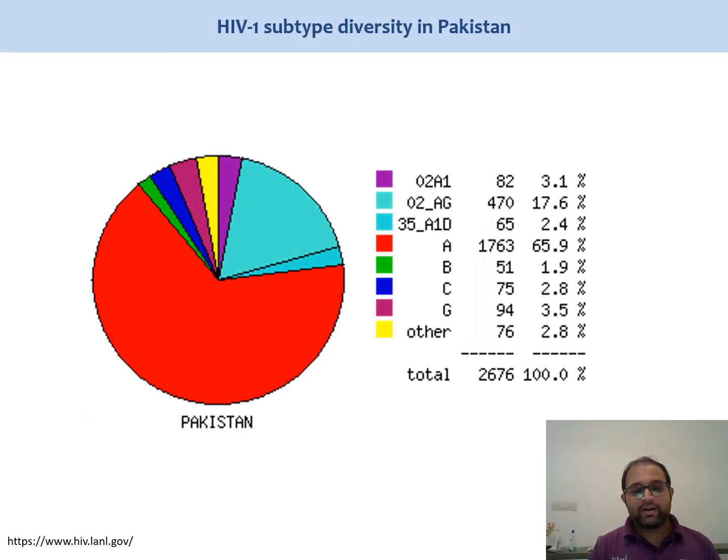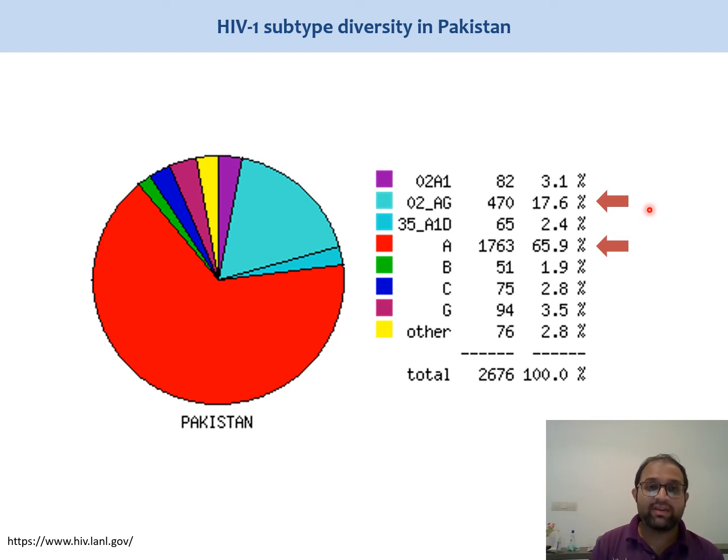So this figure, based on the sequences that have been deposited into HIV databases, shows the HIV subtype diversity in Pakistan. You will see there are quite a few subtypes circulating within Pakistan. The major one is subtype A, which is responsible for approximately 65.9% of the cases, and rapidly CRF02_AG, a circulating recombinant form, is taking over.